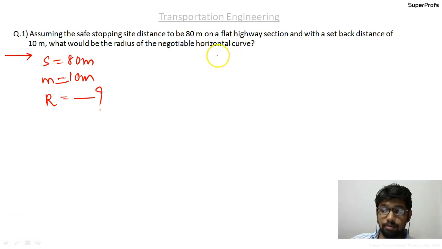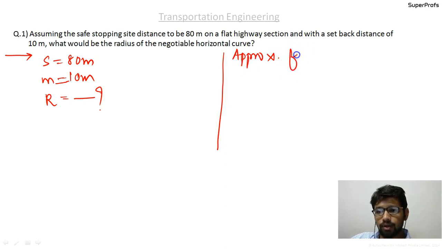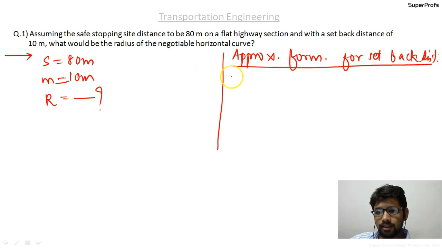Okay, before going to this question, I have missed out some formulae, that is the approximate formula for setback distances. Please write it down. Similarly, again there are case 1 and case 2. Case 1 is when the length of the curve is greater than the sight distance, and these formulae are applicable for single lane road only.